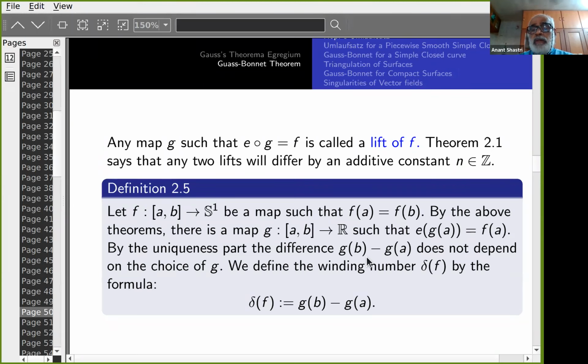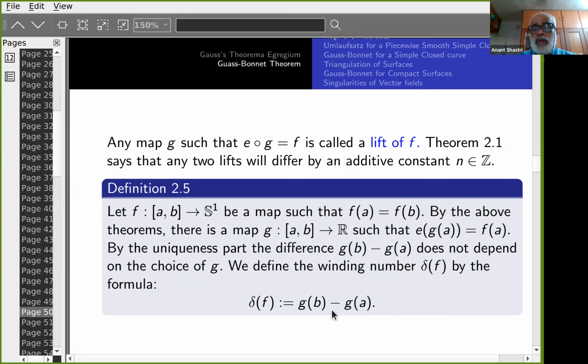But to define a winding number, I have to use f(a) equal to f(b). This winding number delta f is given by this difference g(b) minus g(a). This itself is an integer, otherwise it's just a real number. f(a) equal to f(b), so e of g(b) equal to e of g(a), because both of them are equal to f(a) equal to f(b).